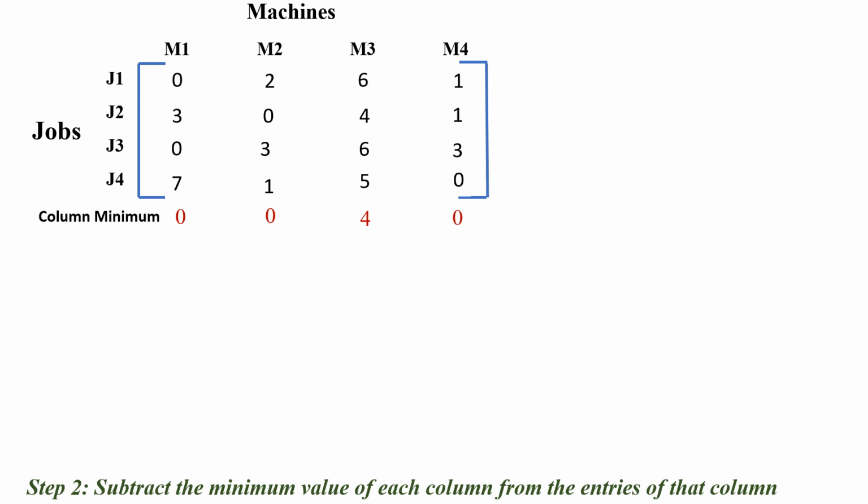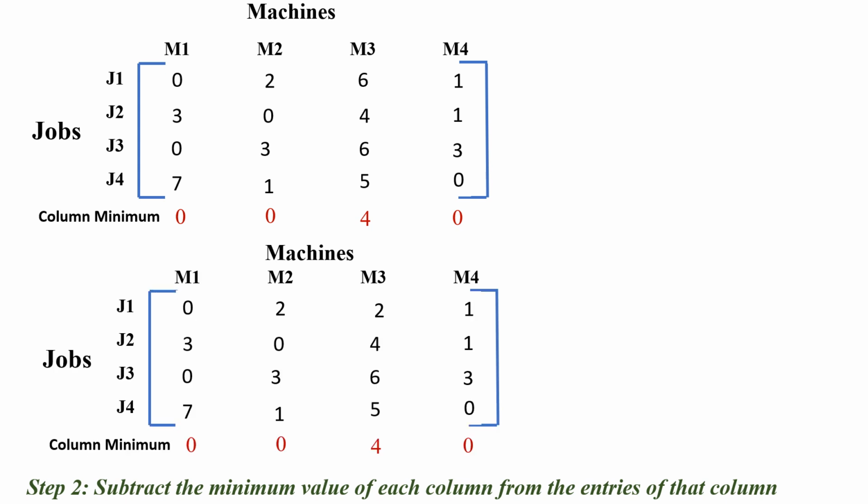And in the fourth column, the minimum value is 0. So the first, second and fourth columns have minimum value 0, so there is no need to modify these columns. In the third column, the minimum value is 4, so subtract 4 from the third column. Then the third column becomes 6 minus 4, 2; 4 minus 4, 0; 6 minus 4, 2; and 5 minus 4, 1.